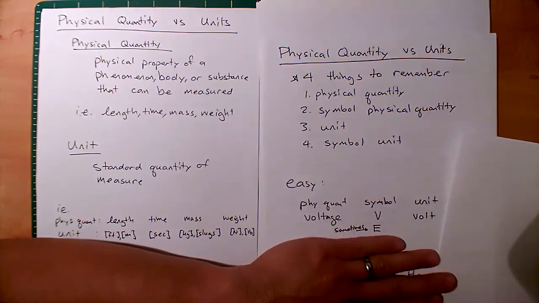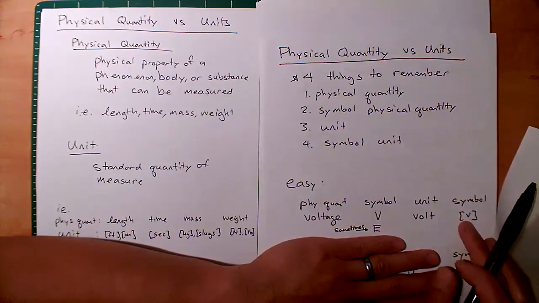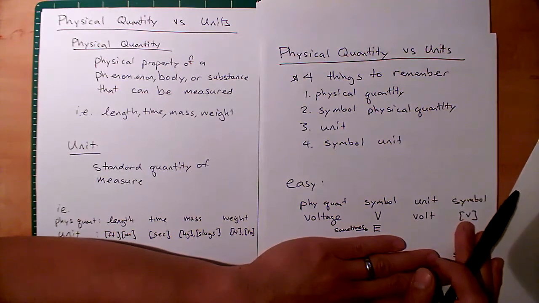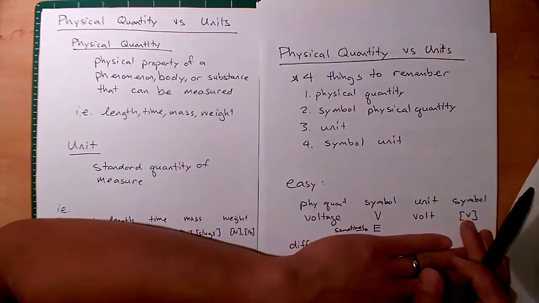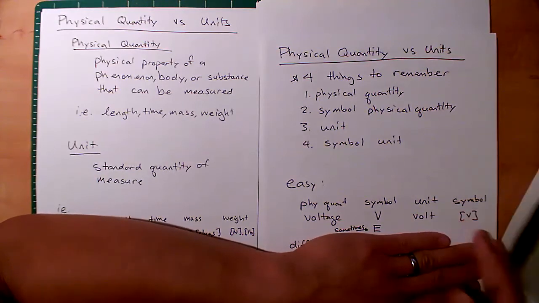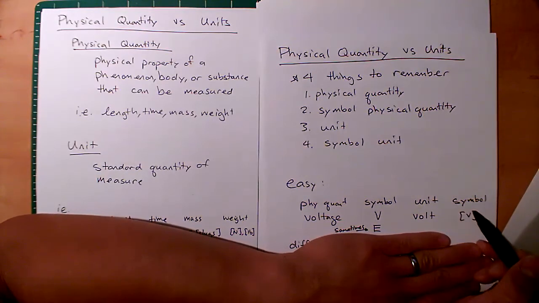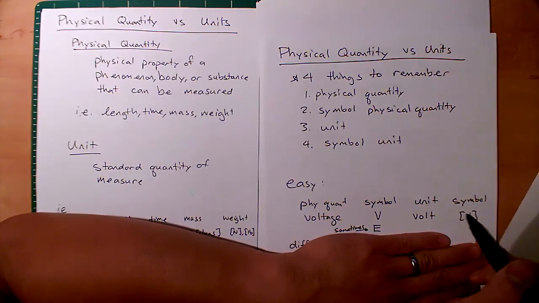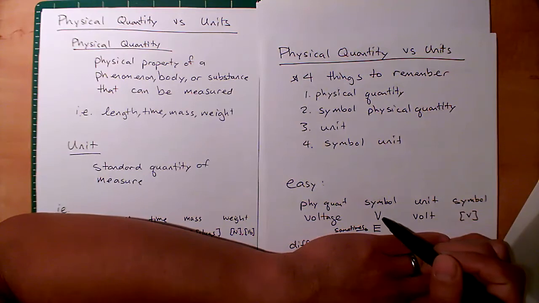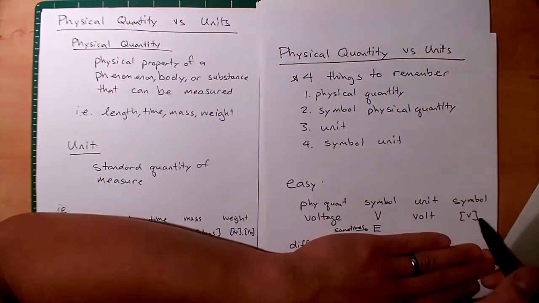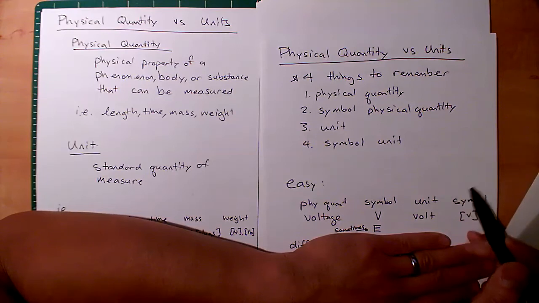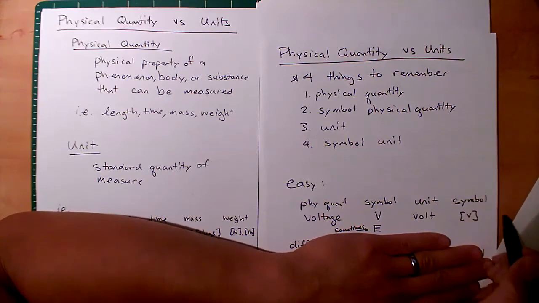And the symbol for the unit is also V. What I like to do, you don't have to do this, is put a bracket around the symbol for the unit to delineate the difference between this and the symbol for the physical quantity. That way I can tell them apart, so I try to do this everywhere when I'm writing. Again, something you don't have to do, but it helps me.